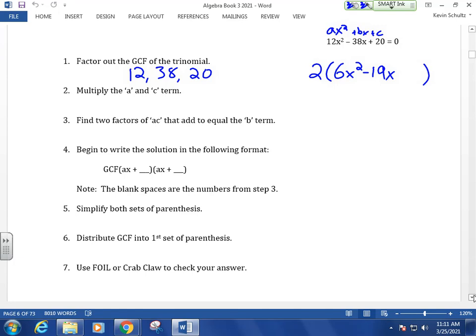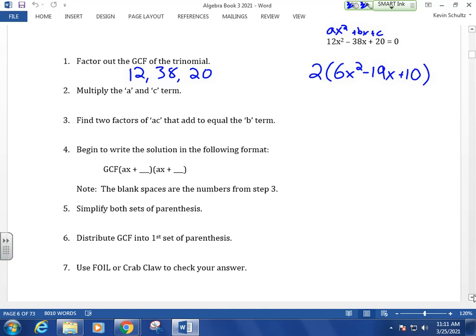And 20 divided by 2 is a positive 10. Okay? And you can make sure that you've done this correctly by distributing that 2 back in, multiplying 2 by 6x squared, negative 19x, and 10, and you'll get your original expression. And really the only reason why we do step 1 is to make steps 2 and 3 a little bit easier because it makes our numbers inside of our parentheses smaller.